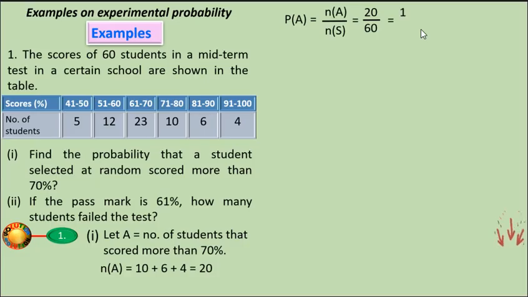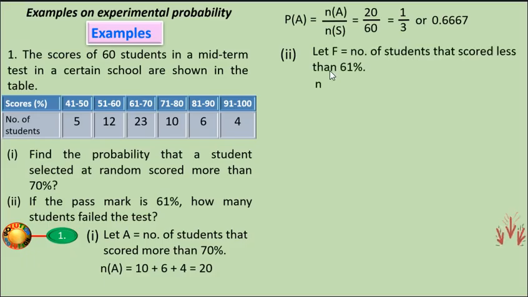Simplifying that, I'm going to get my answer as 1/3, or in decimal, 0.6667. For number 2, like we said, those that failed should be those that scored below 61. And that's 5 plus 12, giving us 17.